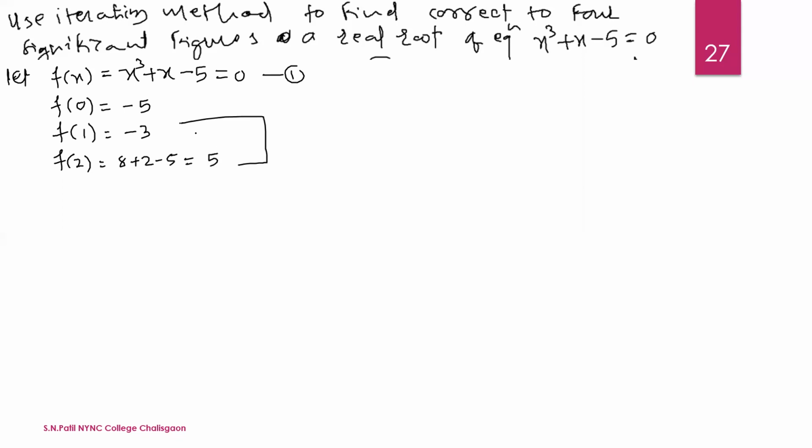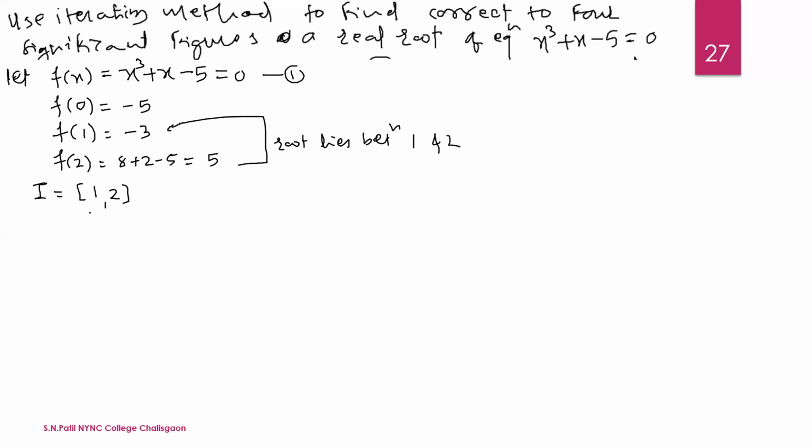So here see, we get the opposite sign. Opposite sign means the root lies between 1 and 2. Okay. That is the interval is 1, 2. Now we got the interval.